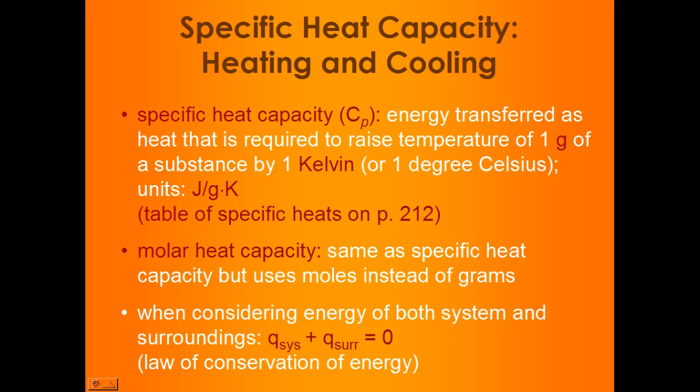Molar heat capacity, as I talked about previously, is the same as specific heat. It's just joules per mole. And where all this kind of comes into play is that, according to conservation of energy, we can't lose or destroy energy. The energy absorbed by the system, aka lost by the surroundings, has to add up to be 0, and vice versa.